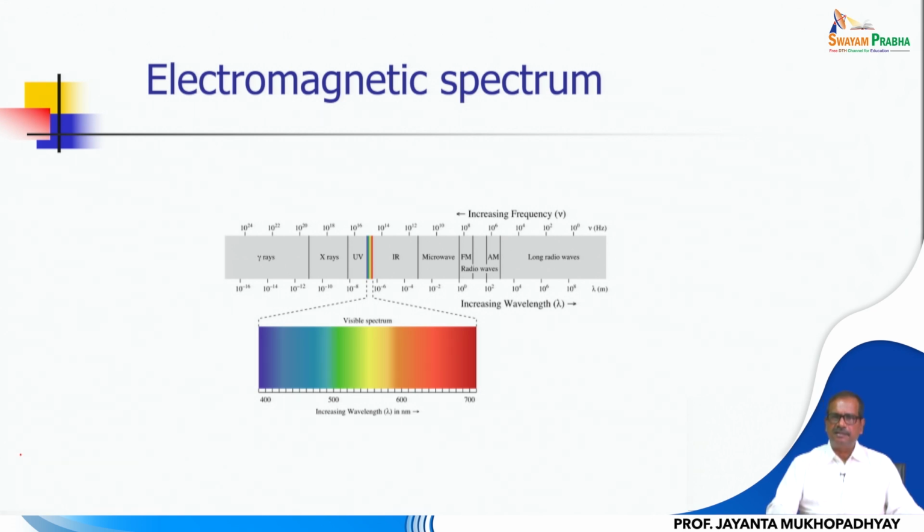So, in a very simple way, we can say color is a sensation of the stimulation of electromagnetic radiation on our retina or in our visual system, which depends upon the wavelength.